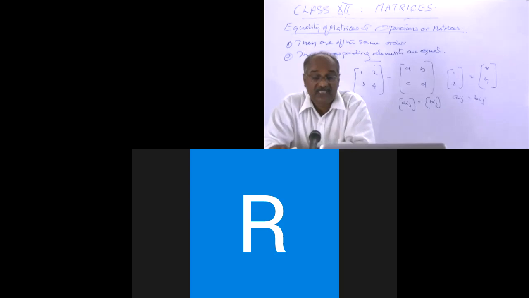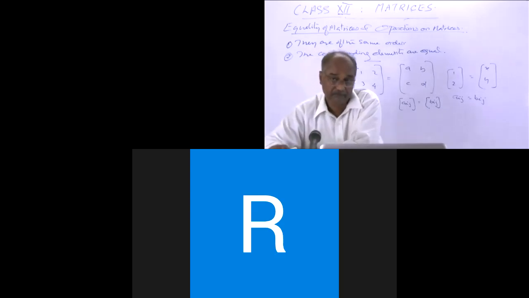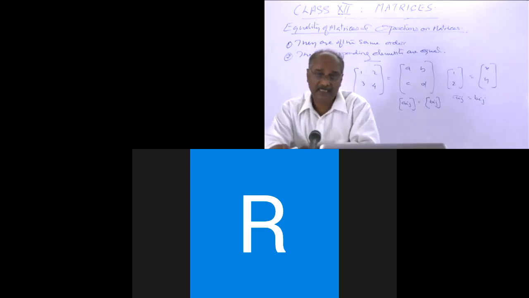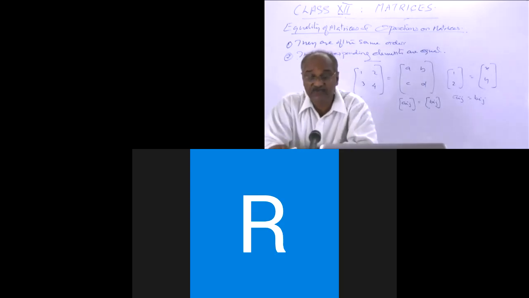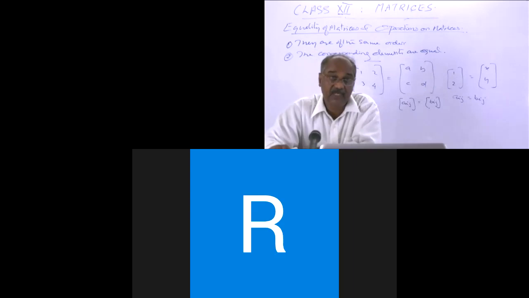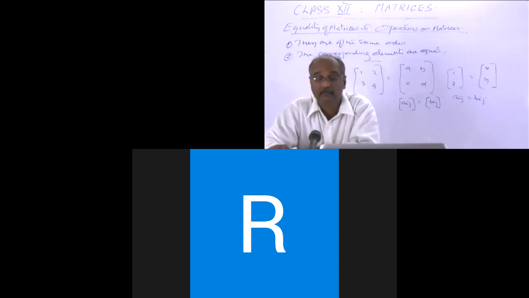So first comes addition. Two matrices A and B are said to be conformable for addition if they are of the same order. Two matrices of the same order can be added. If the order of one matrix is different from the order of the other, then the two matrices cannot be added.